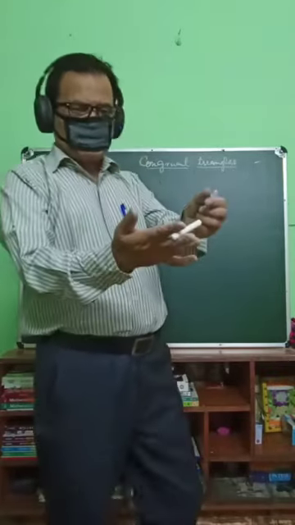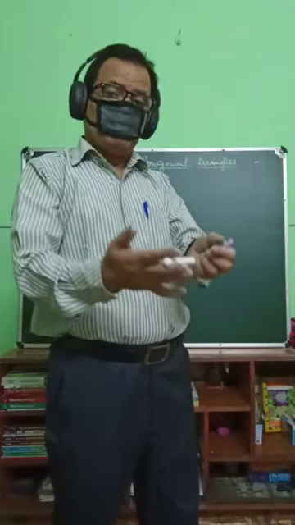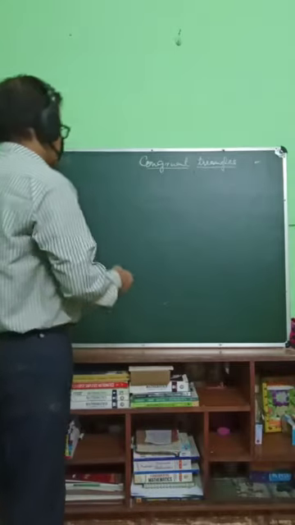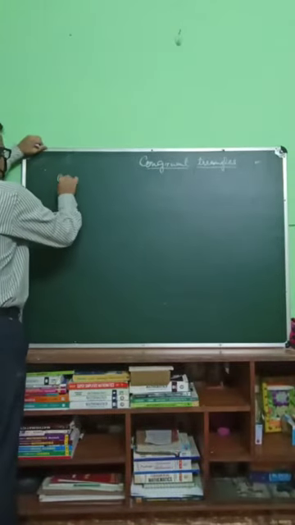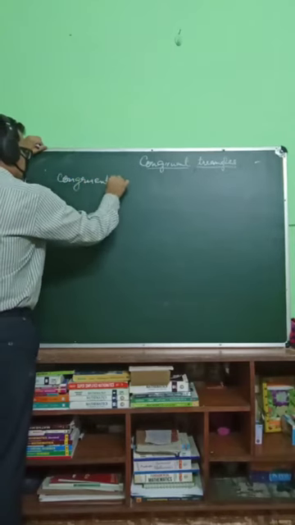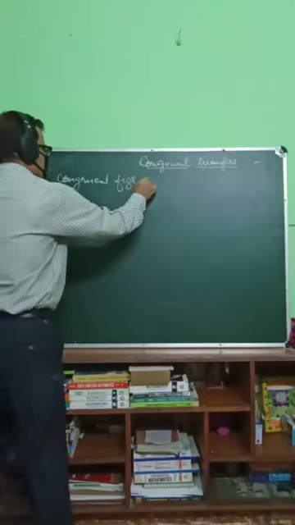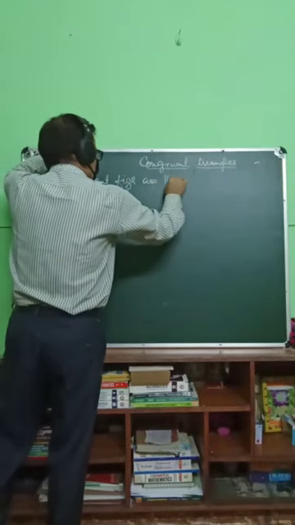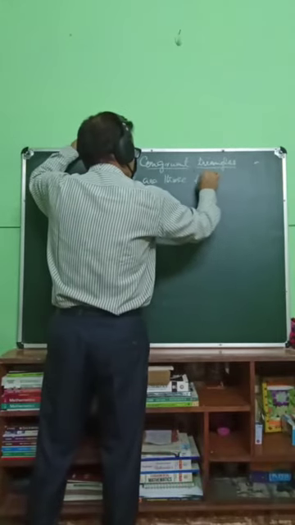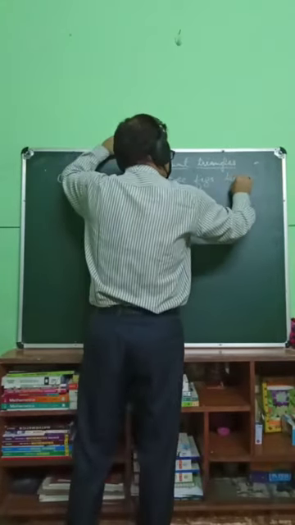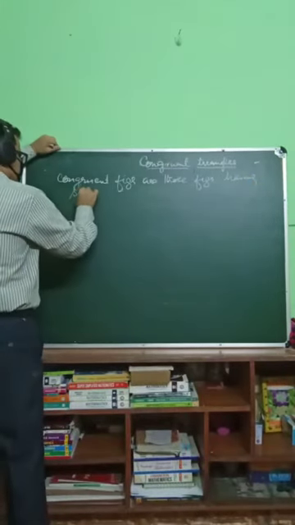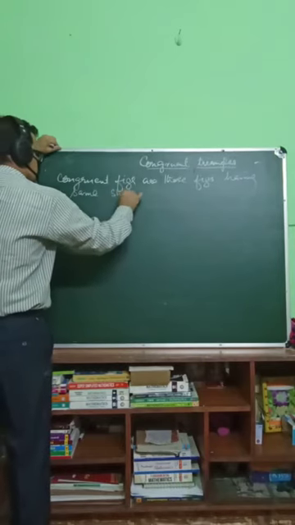If they are equal in size and their shape is the same, their look is the same, they are congruent figures. So we will write: congruent figures are those figures having same shape and size.